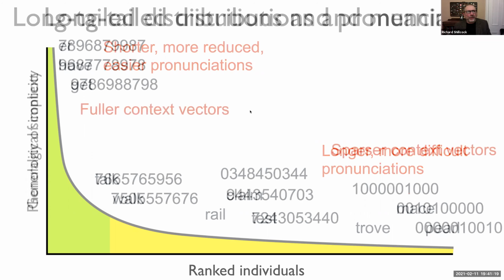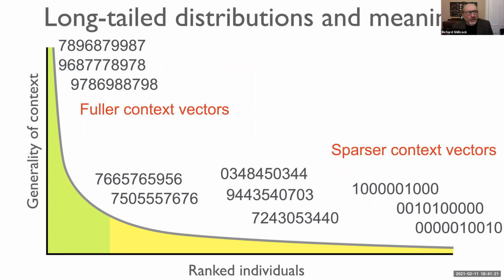If we now look for the meanings of words, and we looked at those context vectors. So remember, we're creating those context vectors. These are just toy examples. We're creating those context vectors looking at how often a word occurs in text.